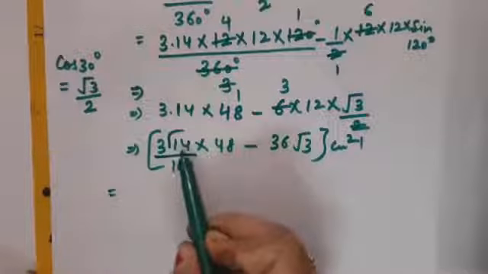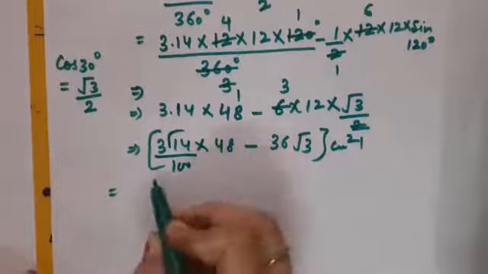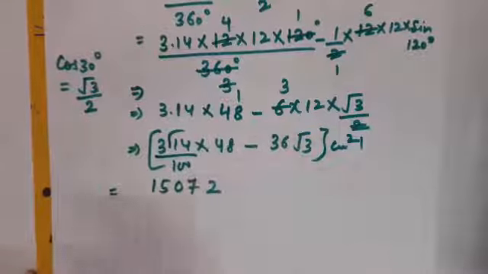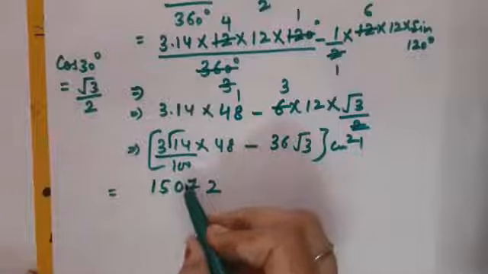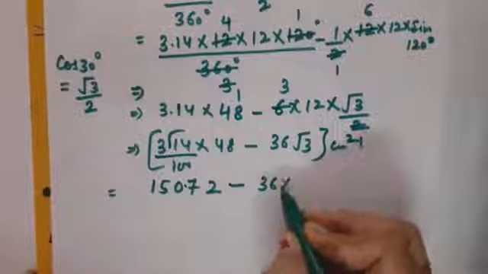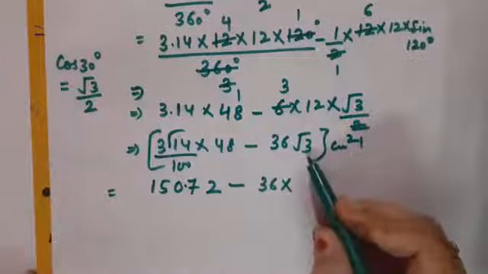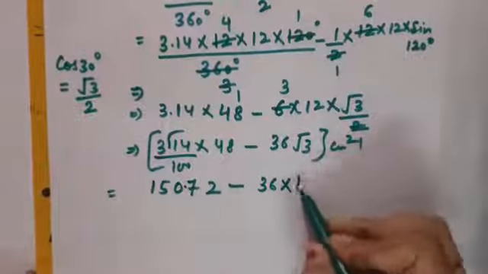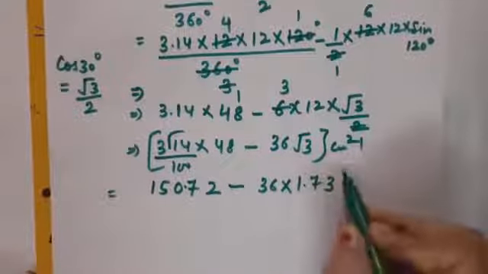When I multiply 314 by 48, I got 15,072. This is 100 below, so I will be putting decimal over here. Minus 36 into root 3. The value of root 3 is given in the question, that is 1.73. So put here 1.73.